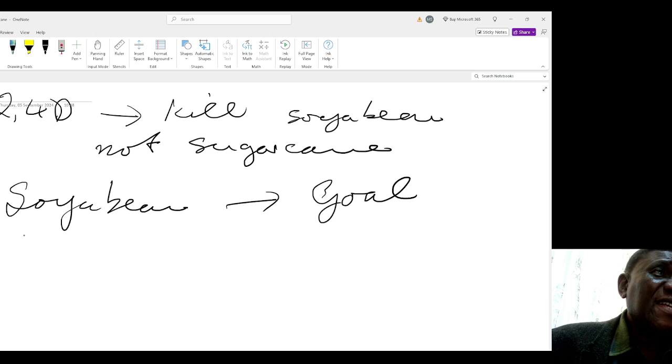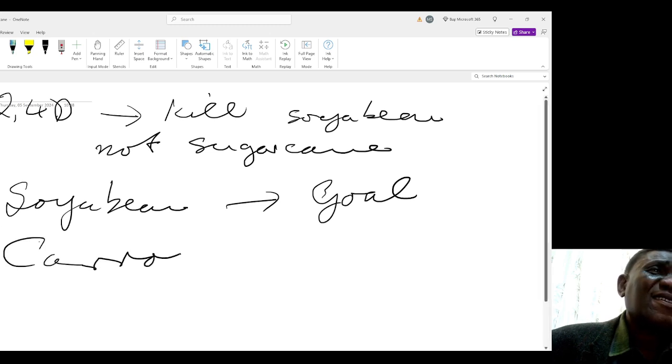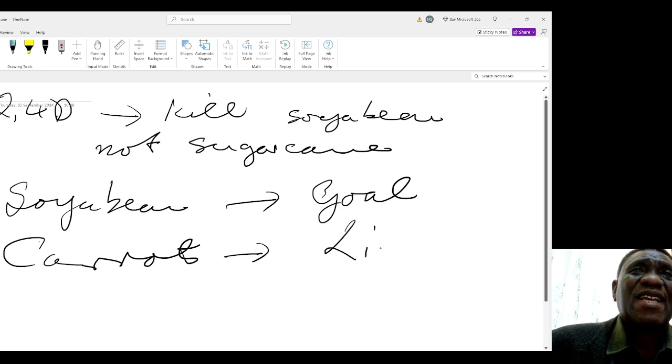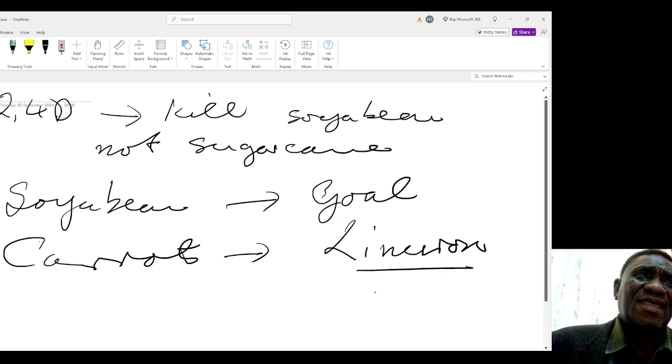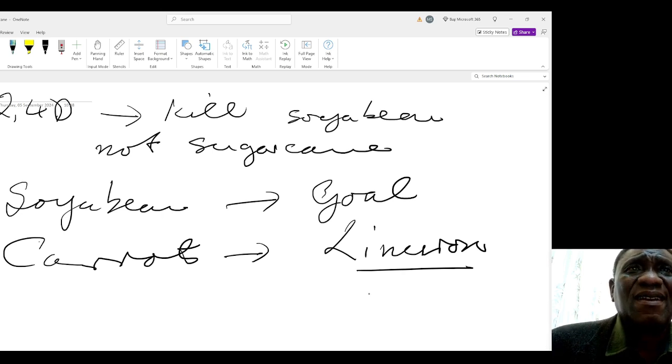We also have an example of carrots. There's a herbicide called linuron. This herbicide is not easily moved within carrots, but it can easily move within weeds.